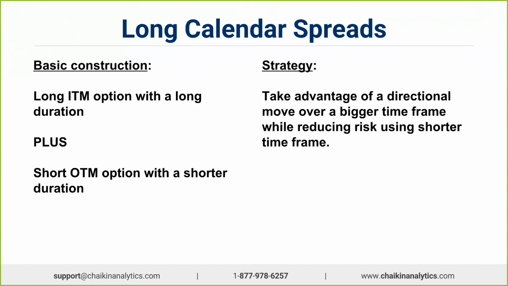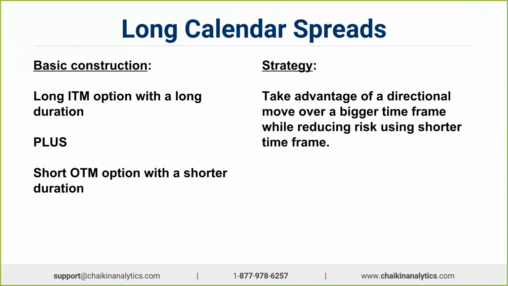The difference between a diagonal calendar spread and a regular calendar spread is that a regular calendar spread uses the same strikes. A diagonal calendar spread uses different strikes. A calendar spread really just means we're taking 2 different expirations. So anytime you have a trade where there are multiple expirations involved, that is a form of calendar spread.